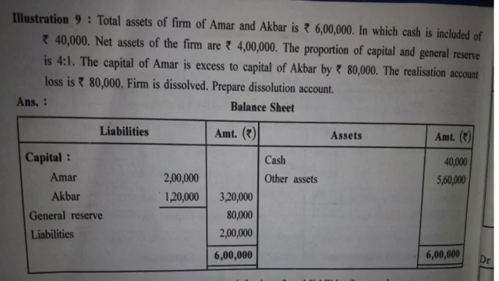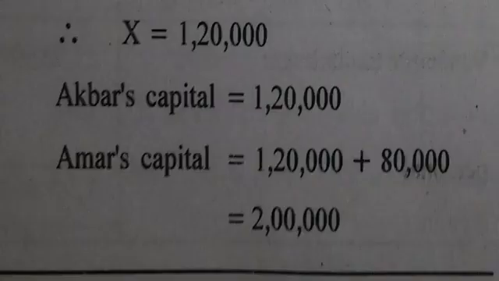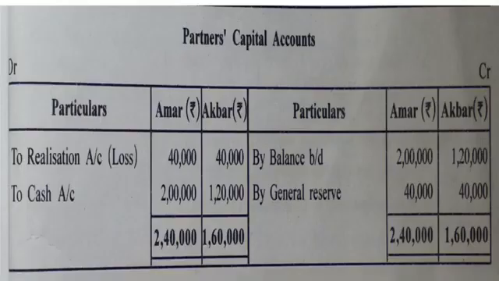Whenever the profit and loss sharing ratio of partners is not mentioned, it is to be considered equal. So general reserve is credited in partners' capital accounts, 40,000 each distributed equally. Fine. There is nothing else left to be written in partners' capital accounts.